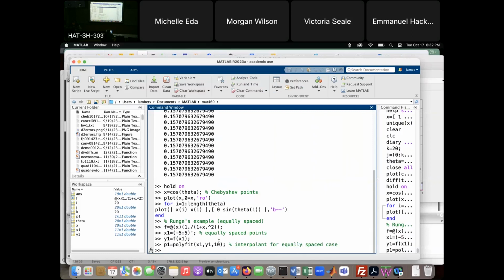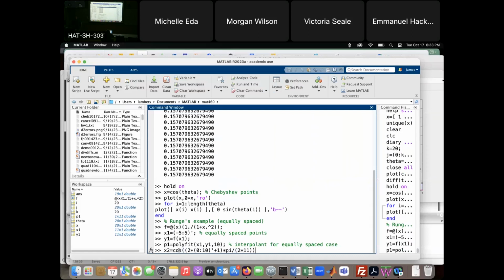Now, before I graph that, I want a similar polynomial for Chebyshev points, but of the same degree. So I'll define x2 using cosine, the same formula for Chebyshev points that I used earlier. Now, these Chebyshev points are from -1 to 1.